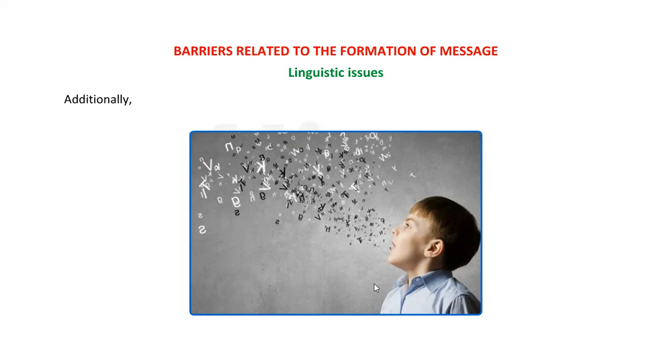Then linguistic issues: the interferences which occur due to accent, speech disorders, or symbols having multiple and often completely different meanings can affect the communication process. Some symbols have different meanings, so these signs or symbols have to be avoided to make the conversation fruitful.